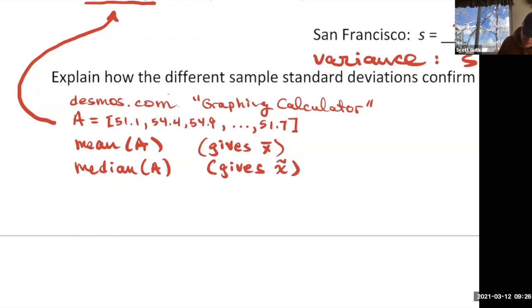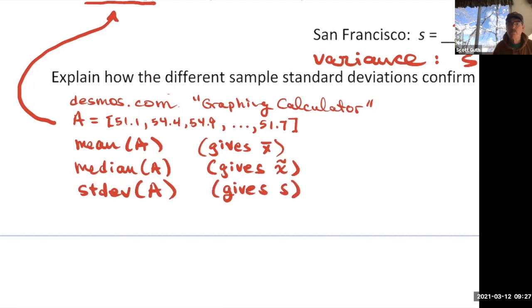Then STDEV of A gives S. And the min and the max, I guess we could put min A, max A. That's sort of obvious.